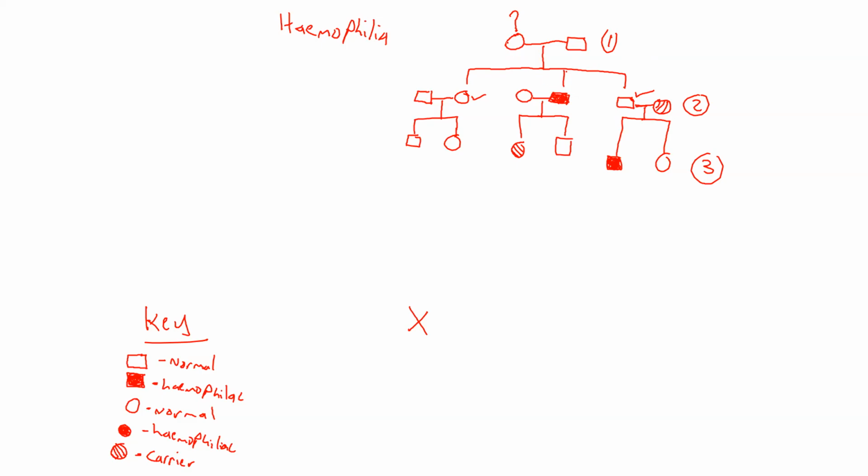Therefore, the mother has to be a carrier of hemophilia, right? So based on this, you should be able to work out what the genotype of whatever person there is on the chart, assuming you know some of the phenotypes. All right, does that make sense?